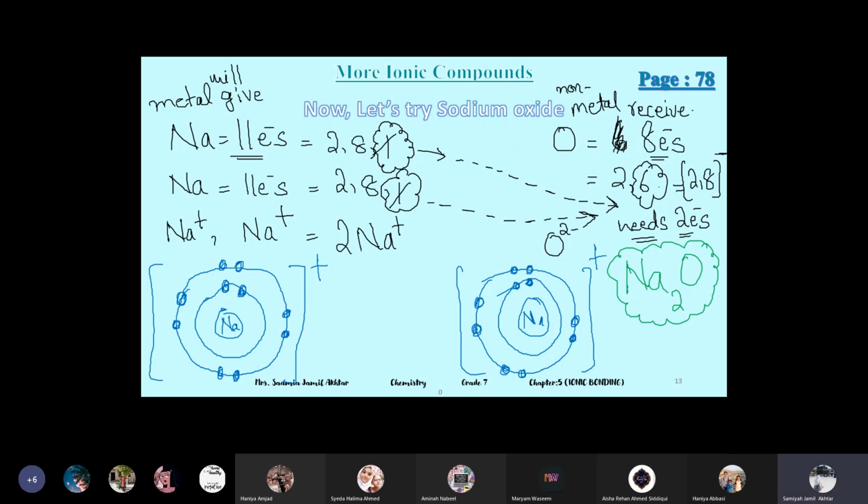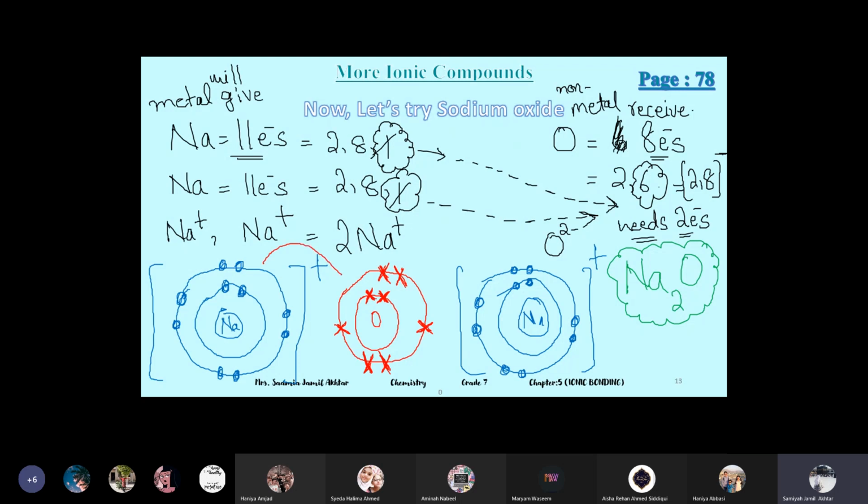And then the oxygen. O, oxygen's first shell contains 2 electrons of itself, so I'm using cross for oxygen. Okay, so oxygen already has 6 electrons of itself. 6 electrons of oxygen. Okay, and one electron from each sodium.